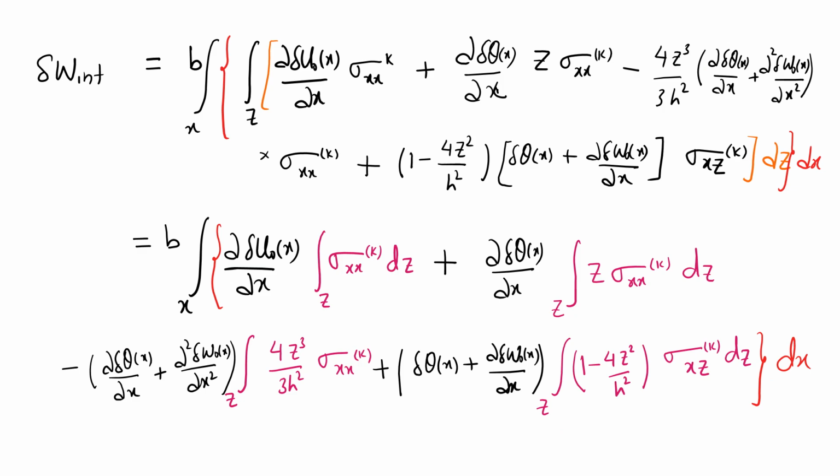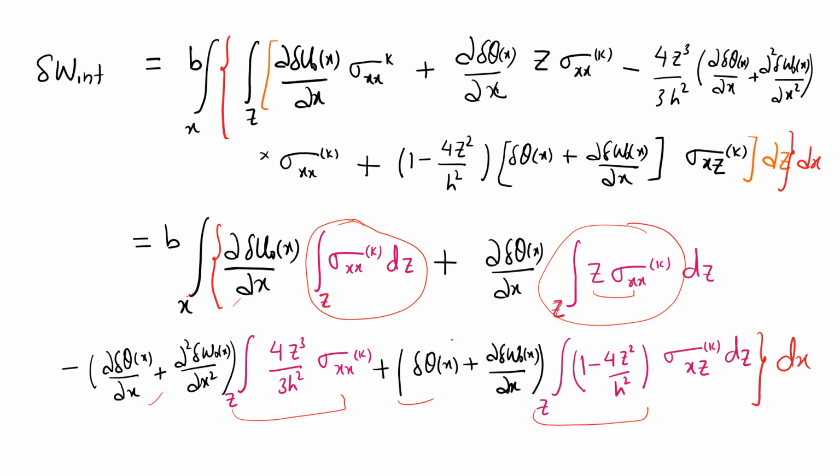Now we integrate further. Some terms are functions of x only, so they are kept outside the integration, and the remaining parts are functions of z only, integrated with respect to z.